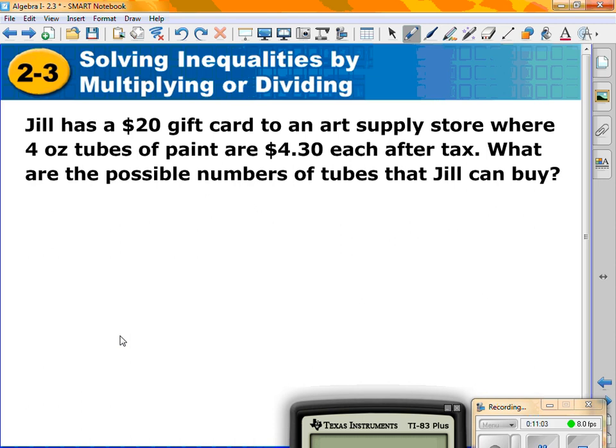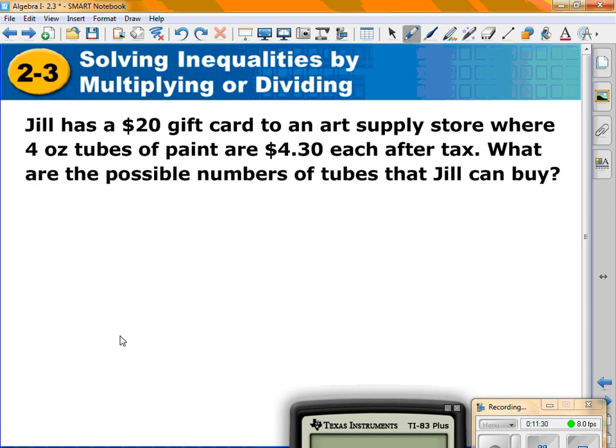Say the tubes of paint are $4.30 after tax. What are the possible numbers that I could buy?